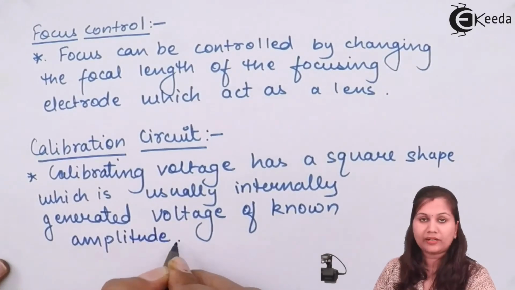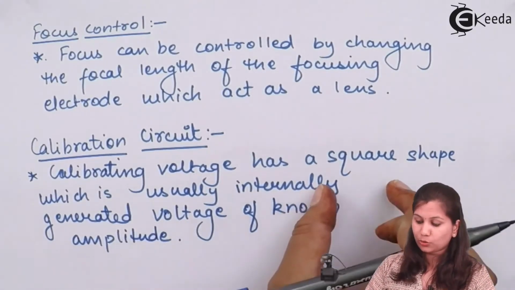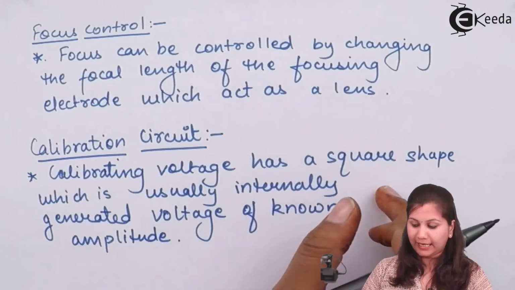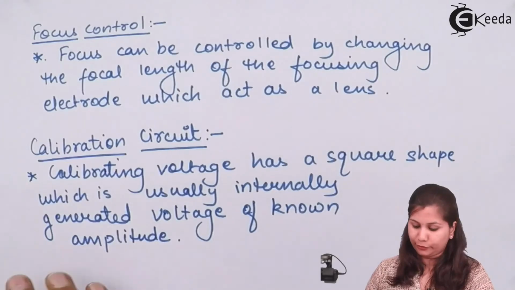The amplitude of this square wave is known to us, so it can be used as a standard vertical input to the CRO.